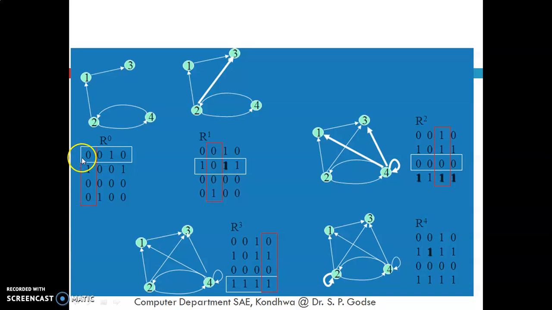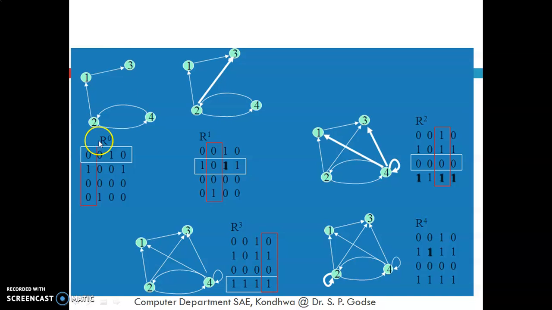So these are the ordered pairs that exist: 1 comma 3, then 2 comma 1, then 2 comma 4 and 4 comma 2. These are the existing ordered pairs in the relation, and we want to find the transitive closure of this given relation.